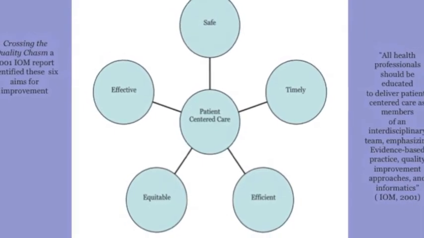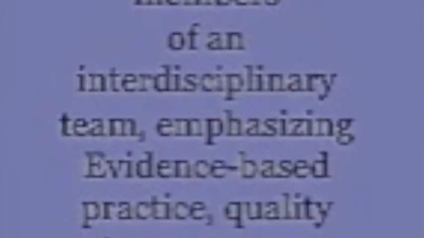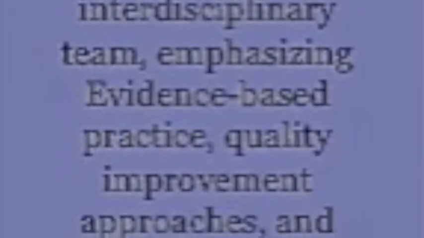And a quote from that report is that all health professionals should be educated to deliver patient-centered care as members of an interdisciplinary team which emphasize evidence-based practice, quality improvement approaches in informatics.